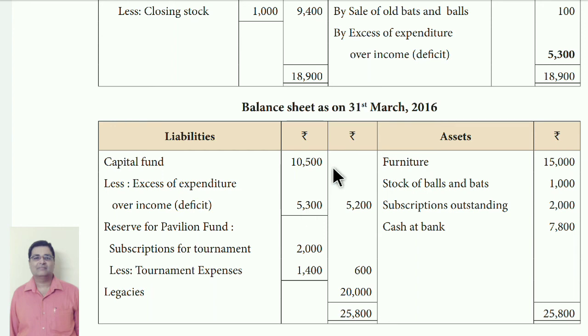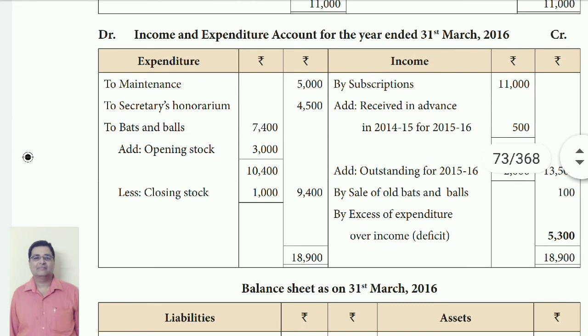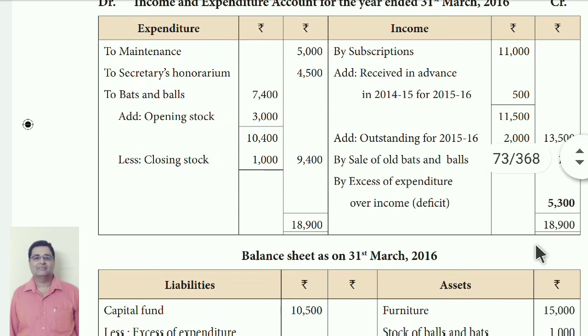Now see the income and expenditure account. Why we wrote that excess deficit? Because expenditure is more than the income. We have less income and we have more expense. So 18,500 minus this 13,600, you will get 5,300 deficit. This 5,300 we have to write here.